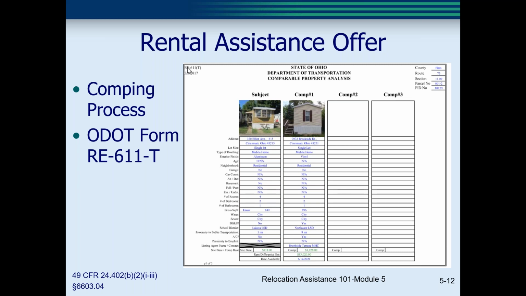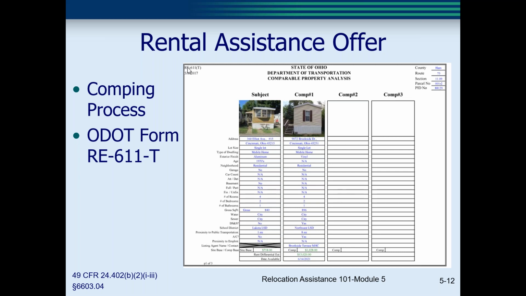So you use the same items of comparability that we discussed in the last module. You still have those 15 items and you're still looking for them. Now, there are some that are more important to owners than tenants, but those are the criteria you are looking for.